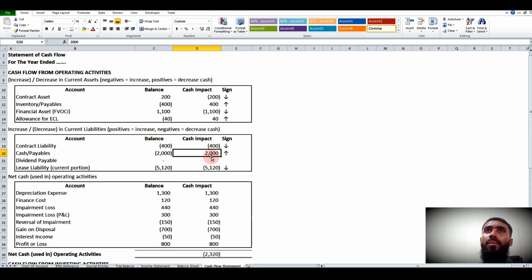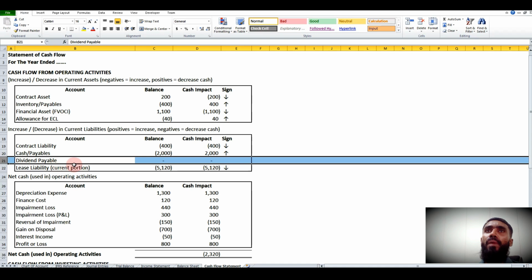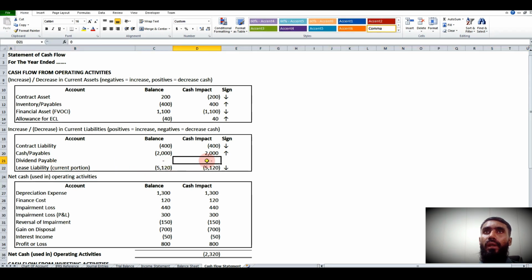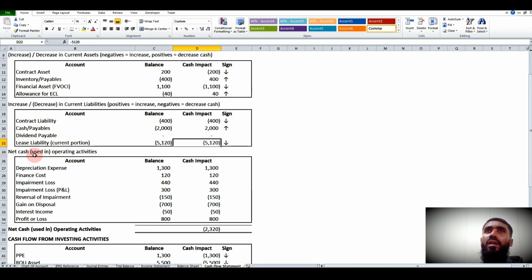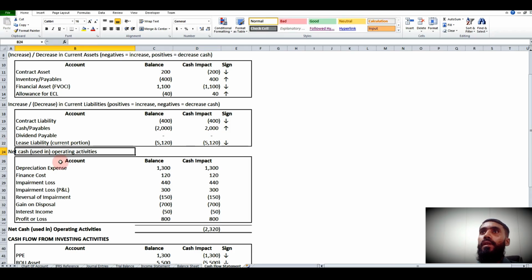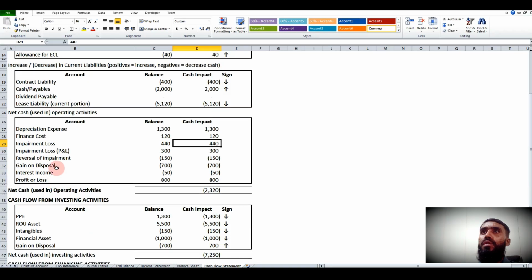Now when the cash impact shows you increasing dividend payables, here I didn't have dividend payables. Lease liability, it is also decreasing the cash. Net cash used in operating activities.